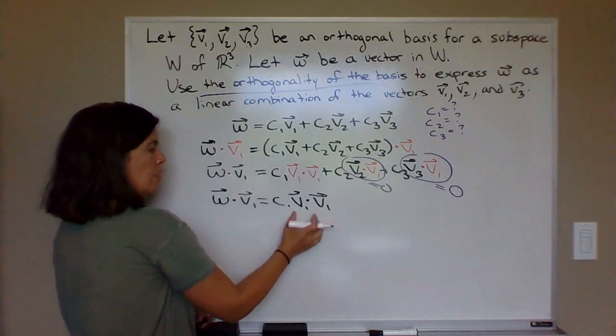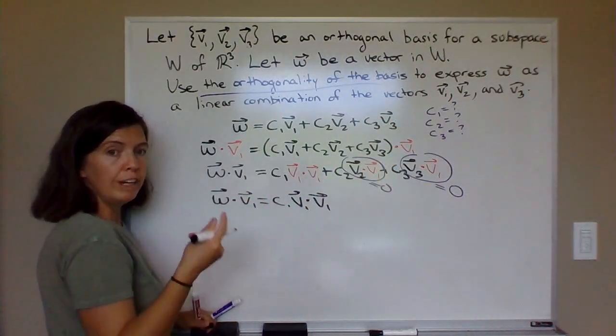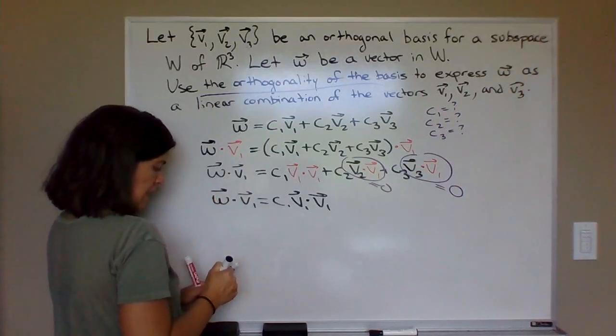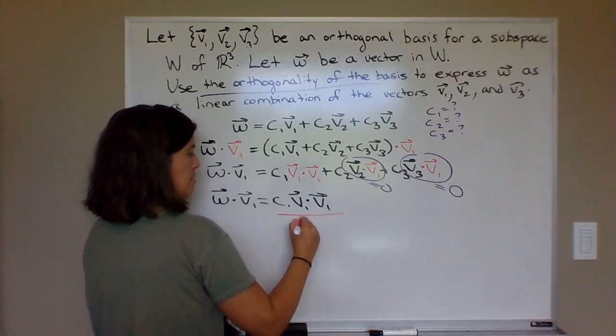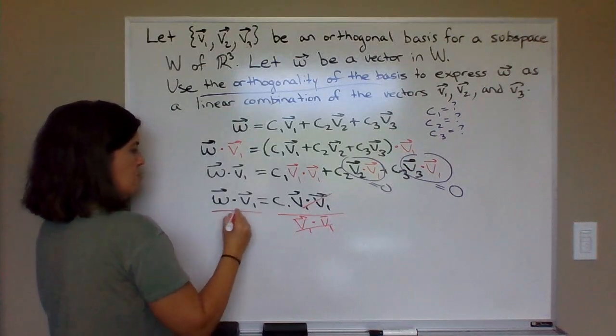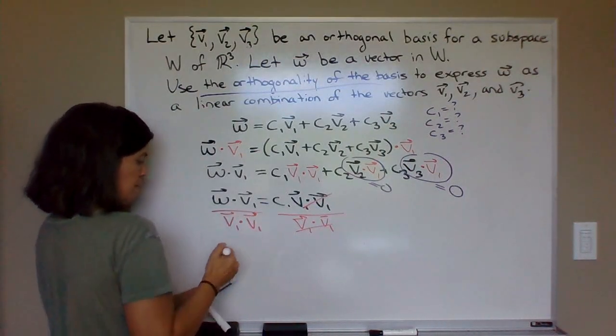So now remember the mission was to solve for C1, C2, C3, if we have known vectors w, V1, V2, and V3. So we could now divide both sides by V1 dot V1, and we have solved for C1.